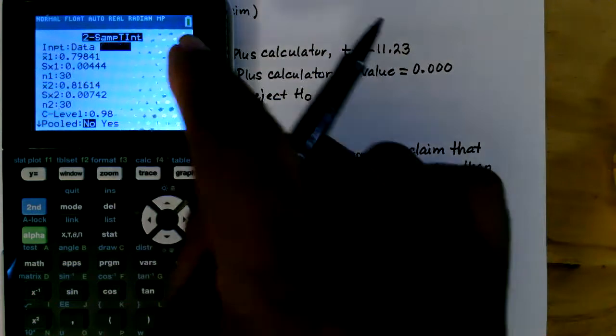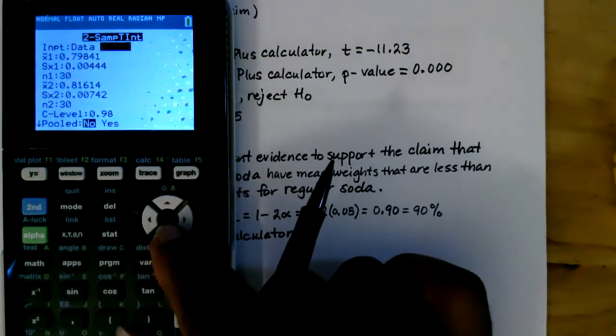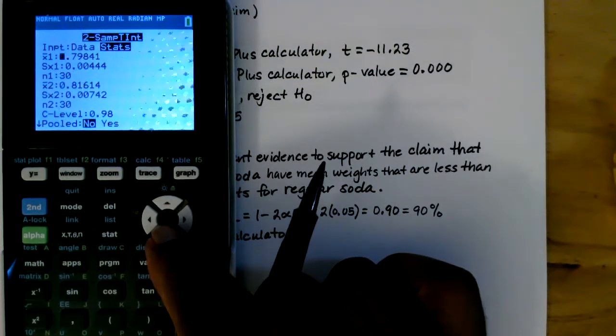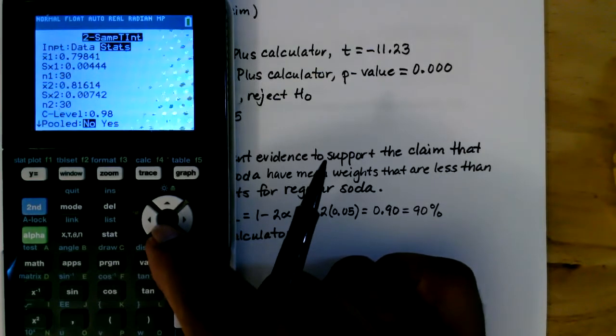All right, so my stats are already in here. X1 is that 0.79841. S1 is 0.00444. N1 is 30, and then X bar 2 is 0.81614. S2 is 0.00742, and N2 is 30.